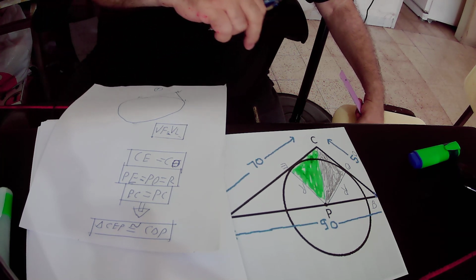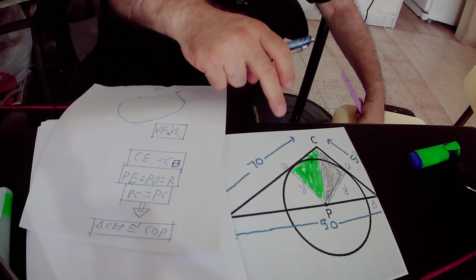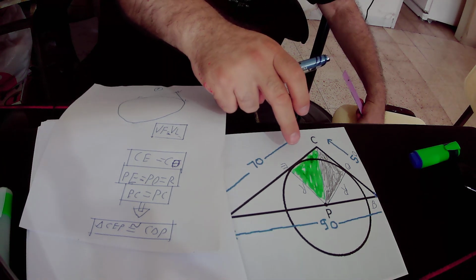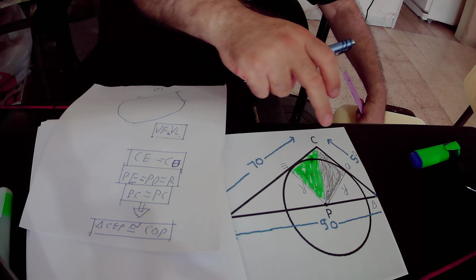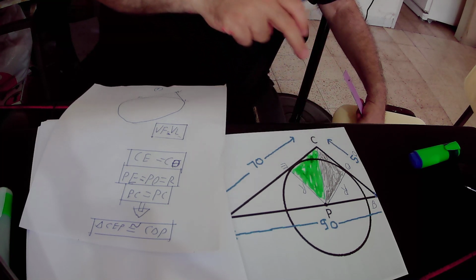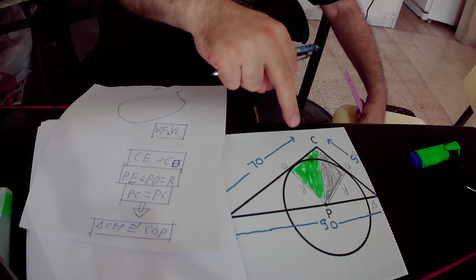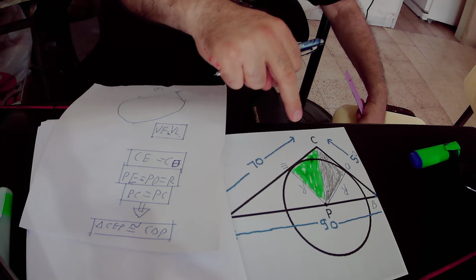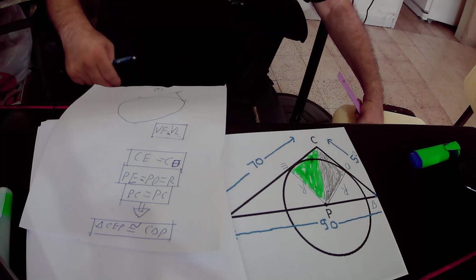Again, for the reason that three sides of the green triangle are equal to three sides of the black triangle, we can say that the green triangle is congruent to, or overlaps, the black triangle.